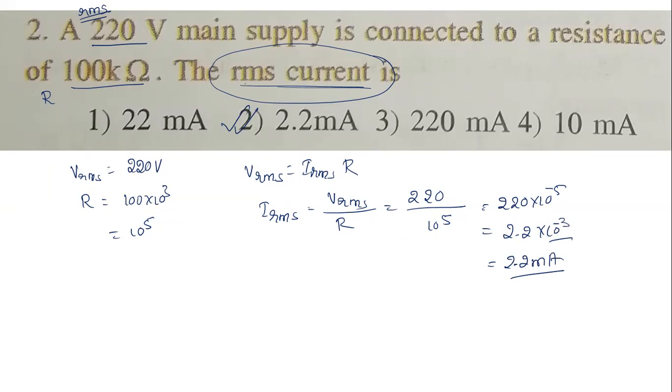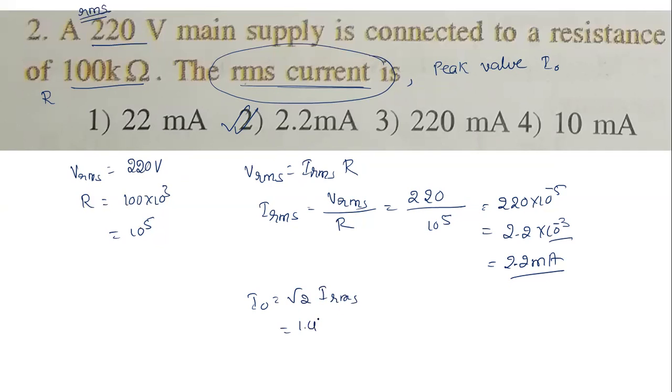That is the RMS value of current. Sir, what if they ask for the peak value in this question? RMS value is there, but in the place of RMS, if they ask for the peak value, we need to find I naught. I naught is equal to root 2 times I RMS.